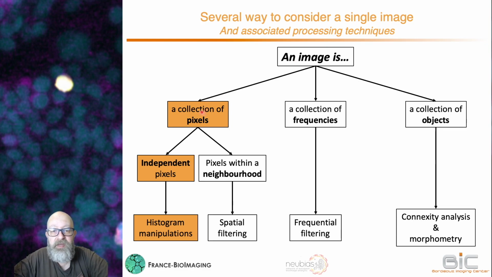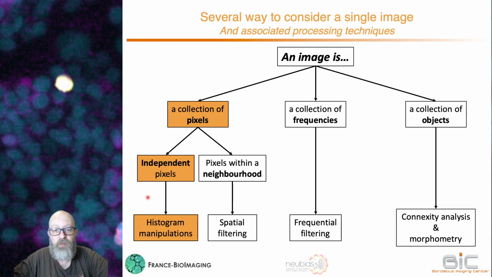We may consider the pixels as independent or the pixels as part of a certain neighborhood. For now, we will consider the pixels as independent. From there, we can start to do some image processing and in particular do some histogram manipulation.